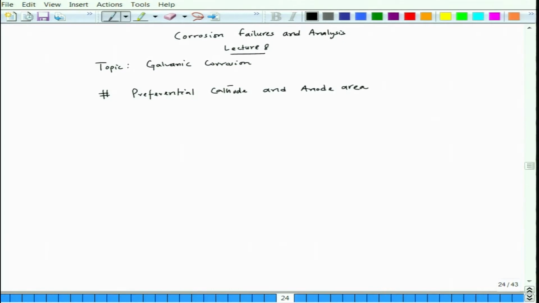As per the common definition, it is a two-metal corrosion, where two different metals are electrically connected and exposed to an electrolyte; the active metal, which is the anode area, dissolves, and the cathode, which is the noble metal, is protected. But it does happen in other cases where it is the same plate, where a two-metal condition does not exist.